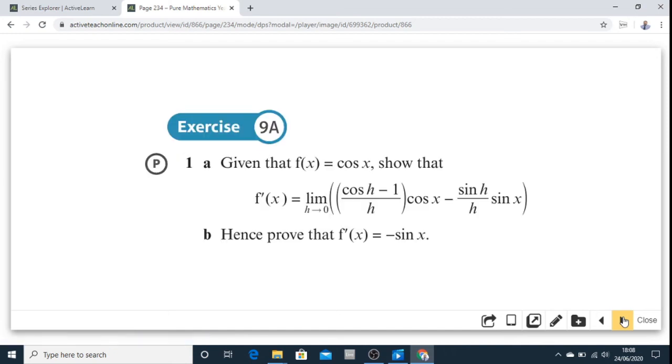Exercise 9A. Then it starts off quite technical. You might struggle with that a little bit. Prove that if f of x is cos x, show that that's true. Differentiate it. You get that, hence prove that f dash of x is minus sin x. I would have a look at the example of differentiating sin x and see if you can get it sorted from there.